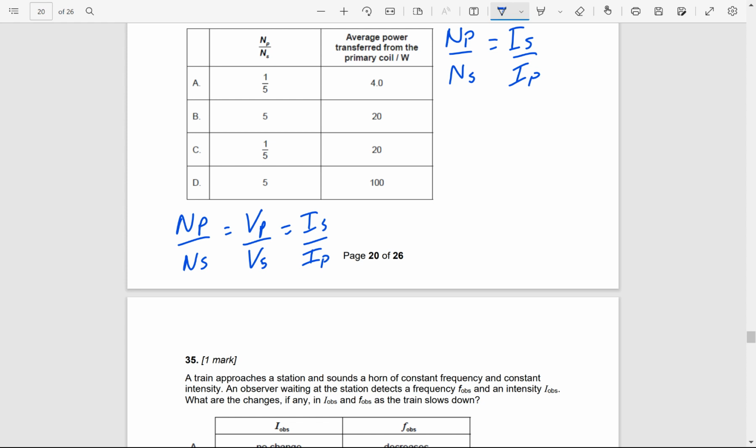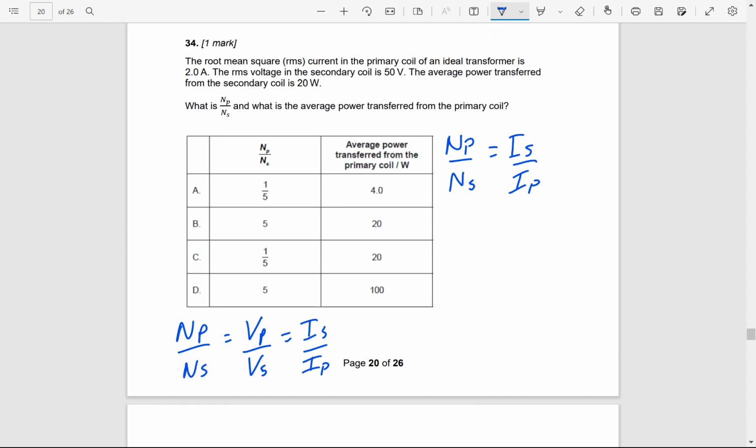That's how it goes. So the I's actually flip. So this is what we need. So if we plug these in, we know that the current in the primary is 2, but we don't know IS.